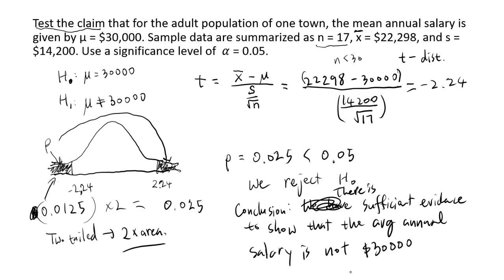Because you wanted to test the claim that the average is 30,000, it's good to write the conclusion as that this is not true. You could also say that we are 95% confident that the average mean annual salary is not $30,000. That would be another way to say it.